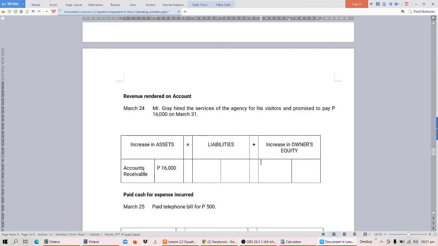And if there is an increase in asset, at the same time there is an increase in owner's equity. So the account title is service income rendered. How much also? 16,000 pesos. Okay, so there is an increase in asset accounts receivable by 16,000 with a corresponding increase in your owner's equity for the revenue earned.